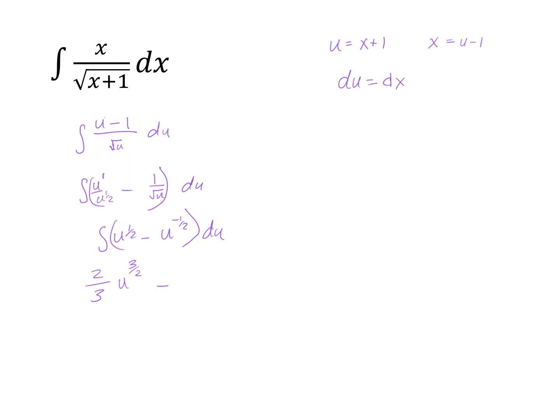See, if I take that negative 1/2 and I add 1 to it, I get u to the 1/2, and then I divide by that exponent, which really just means reciprocate the exponent. So switching out, sometimes it just helps to switch our variables out a little bit.